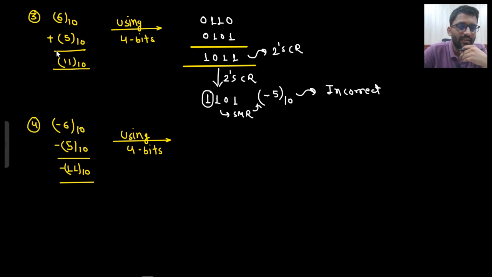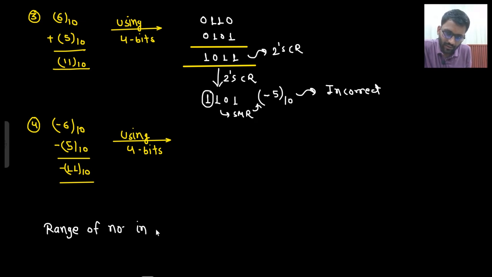Why did that happen? We will check it. Or shall I tell it now? Why did that happen? Because you are having 4 bits, no? You represented the number in 4 bits. So what is the range of numbers in 2's complement representation using 4 bits?